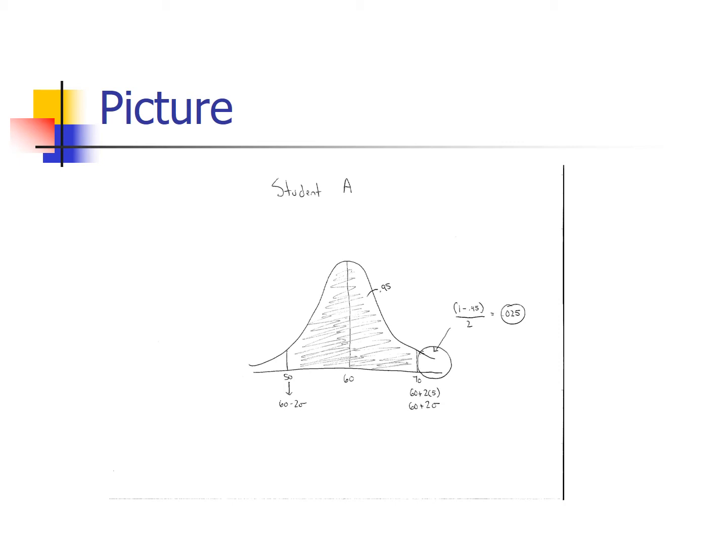Which means if I'm going up from 60 in terms of standard deviations, I go from 60 to 65. That's one standard deviation. I go from 65 to 70. That would be 2 standard deviations, right? So 70 is the mean plus 2 standard deviations. Similarly, 50 is the mean minus 2 standard deviations.